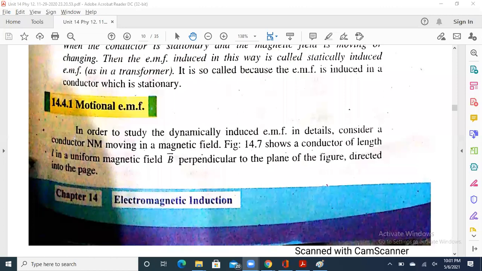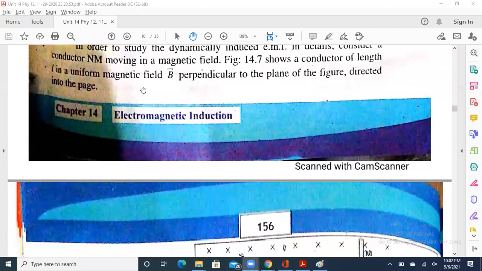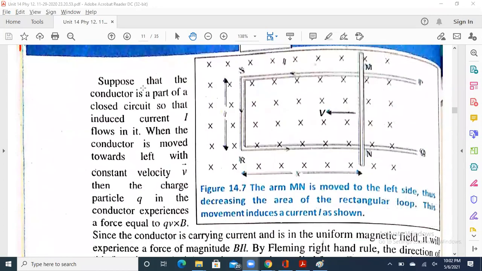So in order to study the dynamically induced EMF in detail, consider a conductor NM, moving in a magnetic field. We have named the conductor NM, means a coil has been named as NM coil. Let's see where is that.